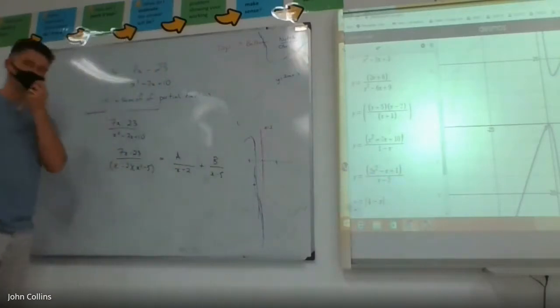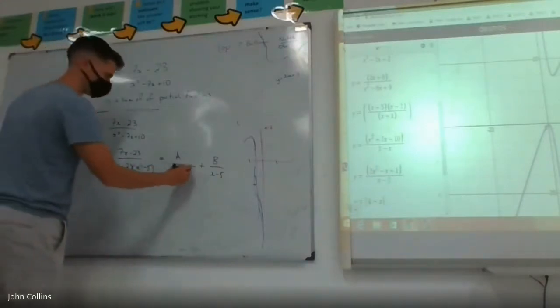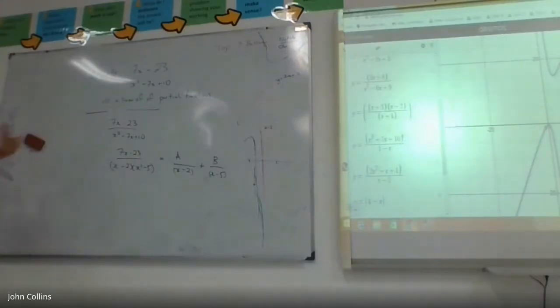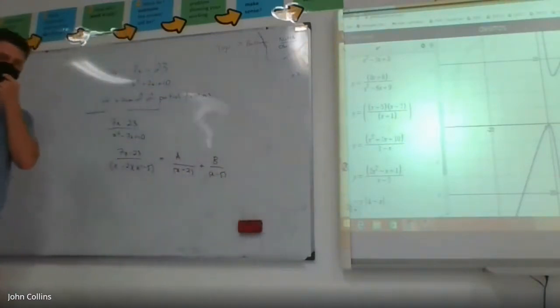A bit like we were undoing the last one. There's a way of getting numbers for those. How do we get it? If you can get faster than me, go for it. What A and B would be. How will we get A and B?